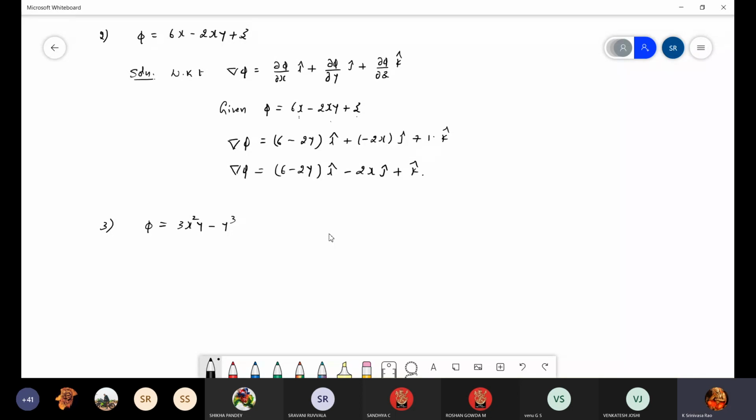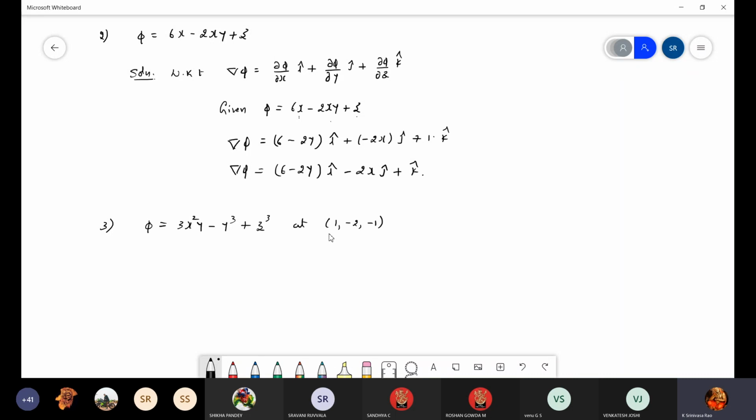So phi equals 3x square y minus y cube plus z cube at 1 comma minus 2 comma minus 1. If the numbers are given like this, we call it a triplet. Three numbers are given: 1 comma minus 2 comma minus 1.